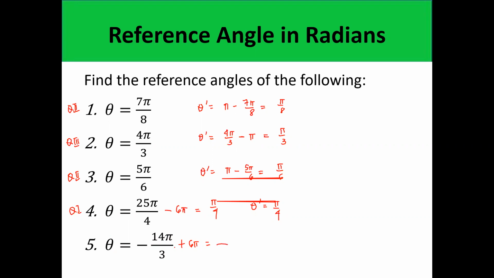So adding 6 pi, we will have negative 14 pi plus 3 times 6 pi, which is 18 pi. So negative 14 pi plus 18 pi is 4 pi, and then over 3. This is actually the same thing as number 2, which means that our reference angle is pi over 3.